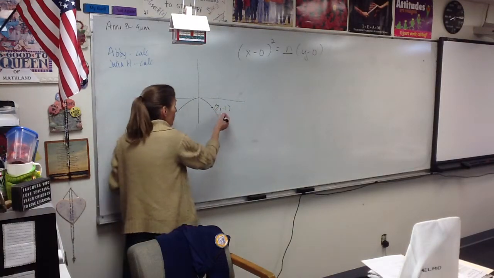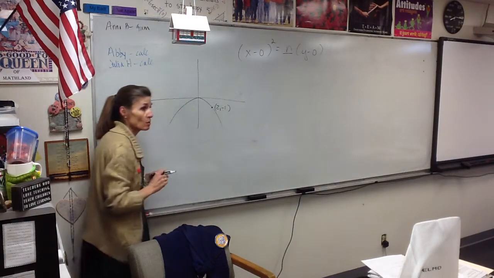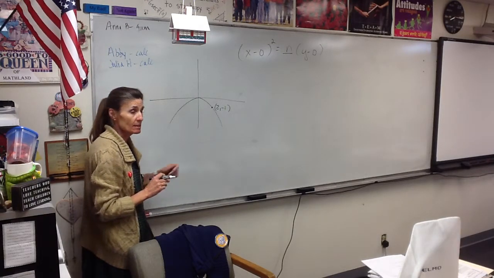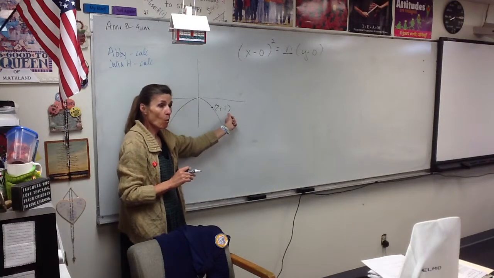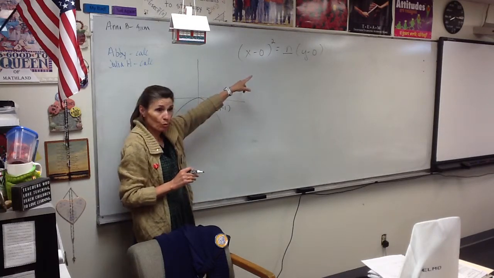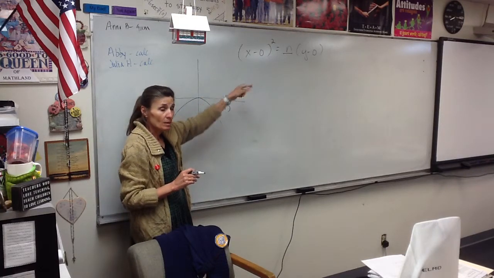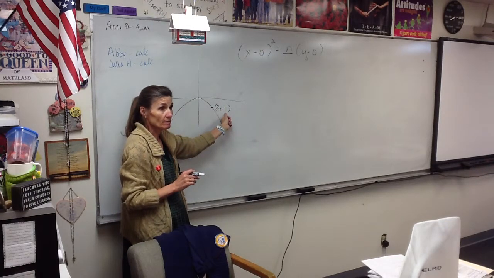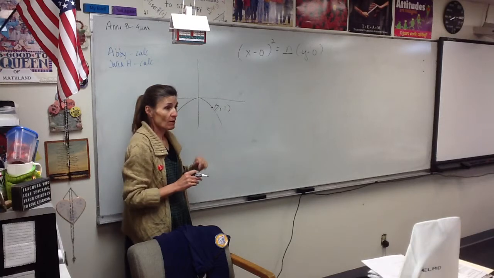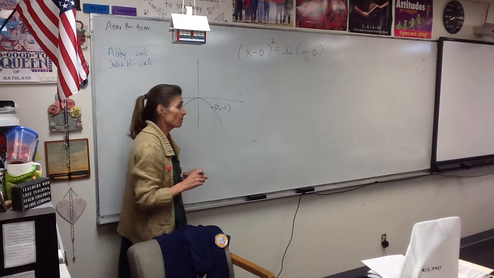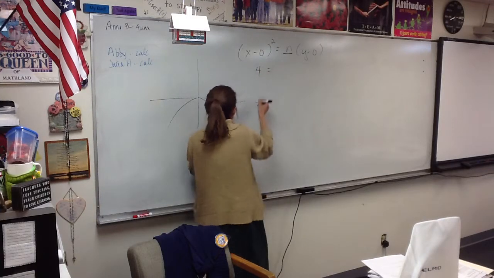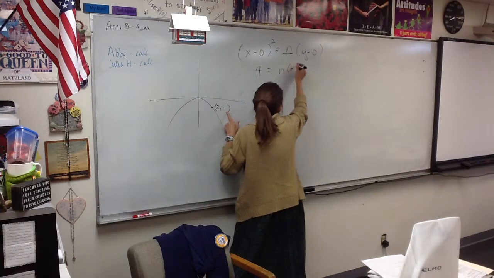But this point has to work in that equation. Can you see where I'm going with this? I have an x and a y that must work in that equation. So if I plug in this x and this y, will I be able to figure out what that n is? Yep, so here we go. So 2 minus 0 squared, that would be 4, equals n times negative 1.